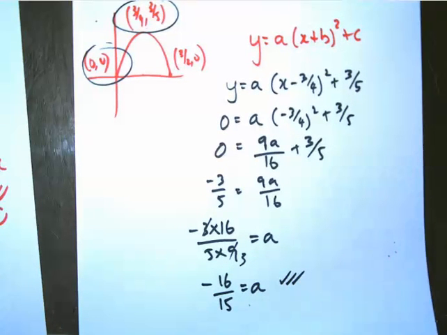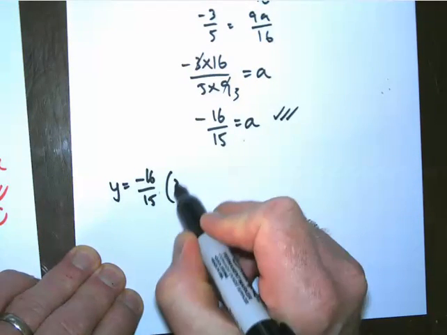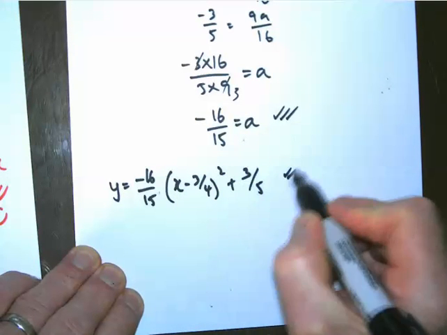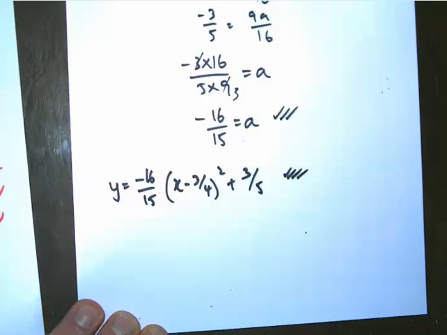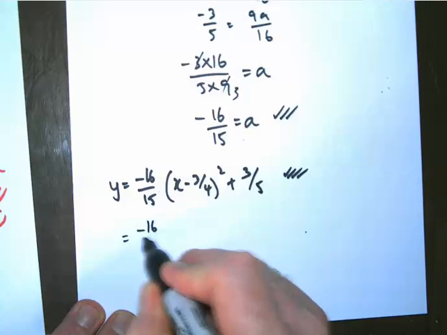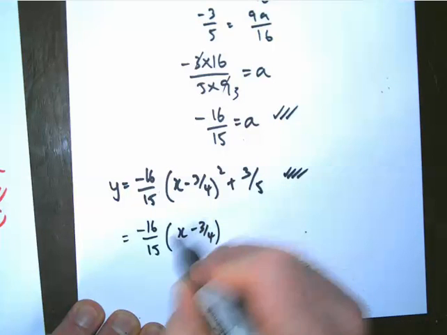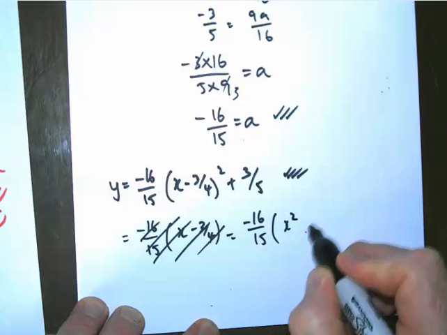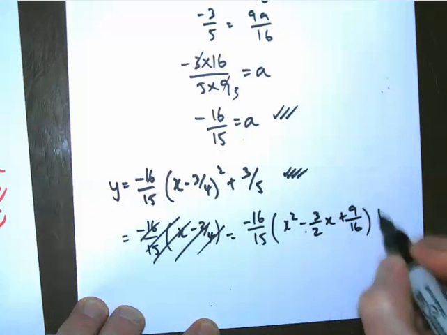I know what the equation is. The equation should then be y equals minus 16 on 15, x minus 3 on 4 squared plus 3/5. That's in turning point form. If you expand and simplify, you'll get it in the form that was requested. So it's going to be minus 16 on 15 times x minus 3/4 squared. I'll write that out. It's going to be minus 16 on 15, x squared minus 3 on 2x plus 9 on 16, plus 3 on 5.